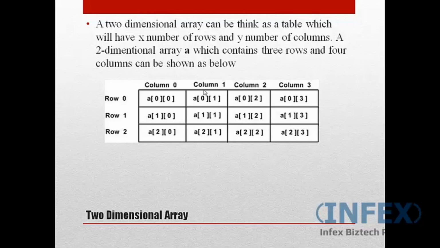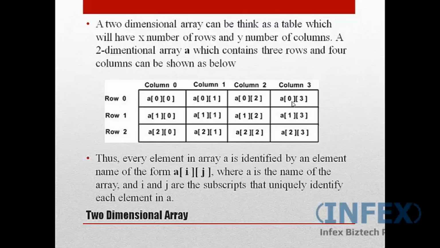Here is a two-dimensional array A which contains 3 rows and 4 columns as shown below. The first square bracket is used to indicate the row and the second square bracket is used to indicate the column.